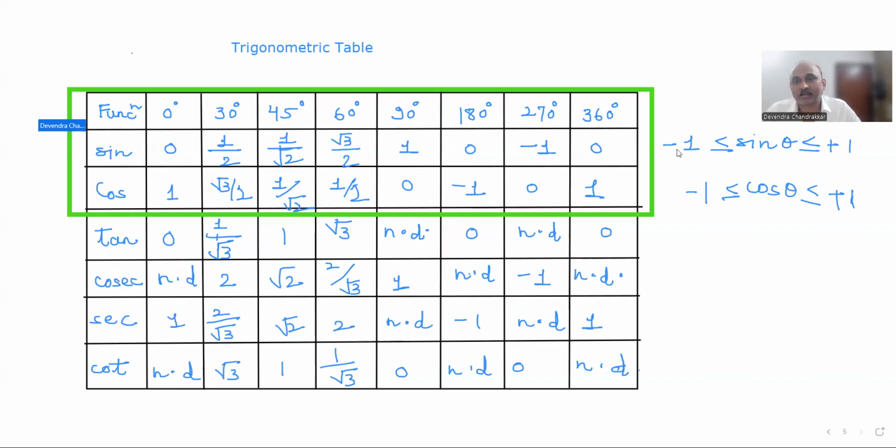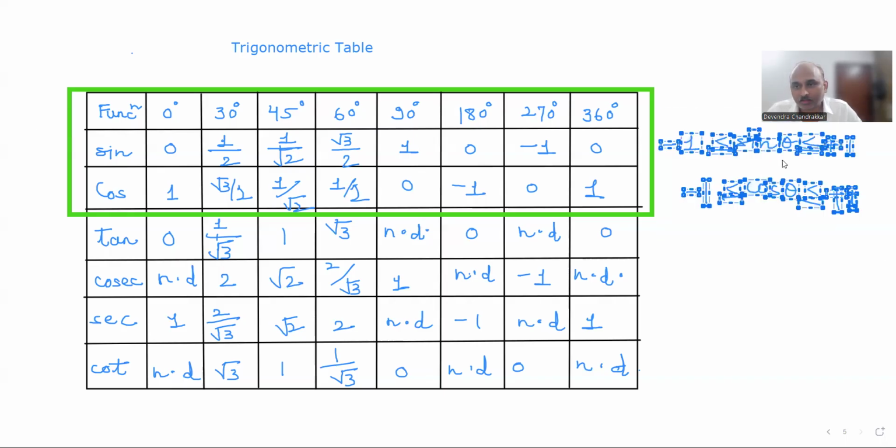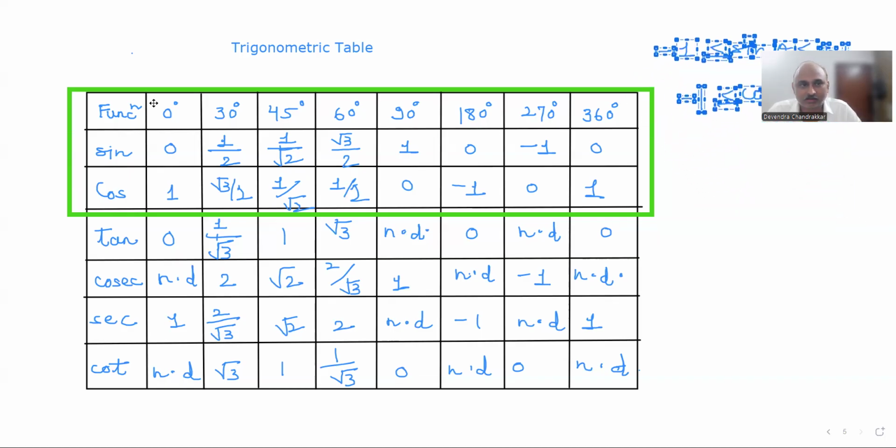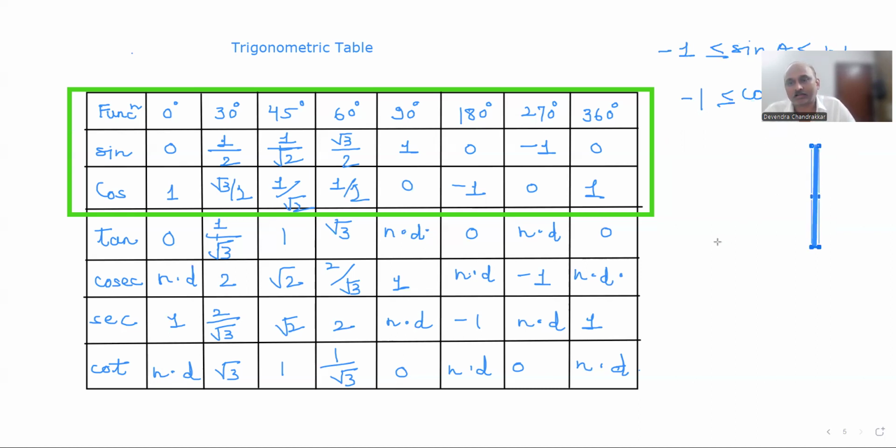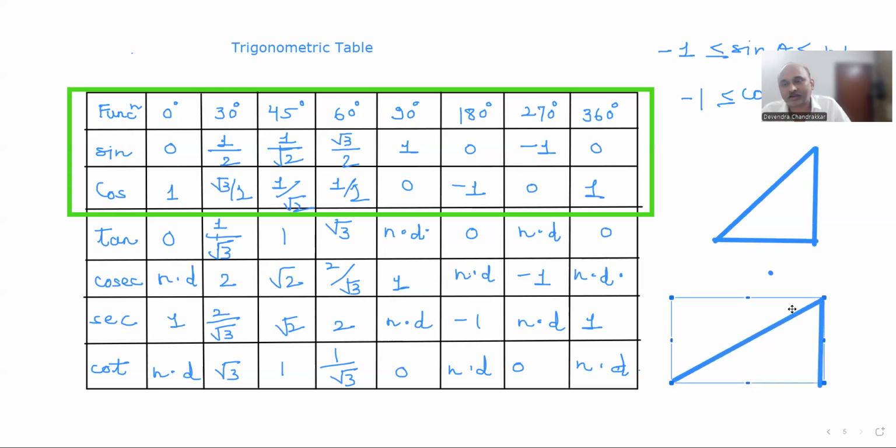ठीक है? कैसे याद रखोगे भाई? देखो सिंपल है. Draw two. We started with right angle triangle, है ना? तो draw two right angle triangles. एक ट्राइंगल ऐसा जिसमें it's an isosceles triangle, and the second triangle is the angles are in the ratio of 1 is to 2 is to 3, that is 30, 60 and 90.